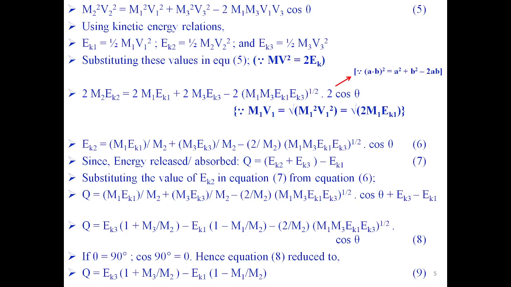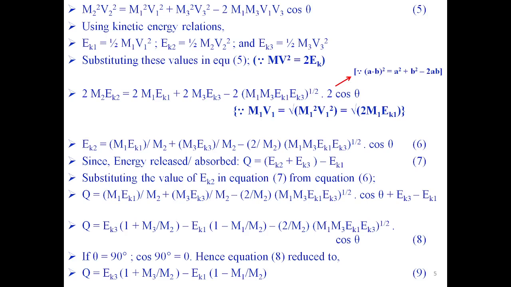So let's take it out: Ek1 into 1 minus m1 by m2, minus 2 by m2 and the remaining terms. So from this equation we can find out the energy involved in the nuclear reaction. This is the actual energy involved in the nuclear reaction.